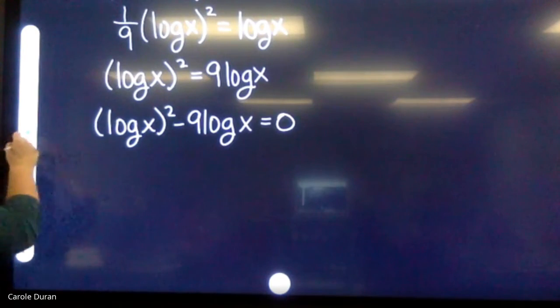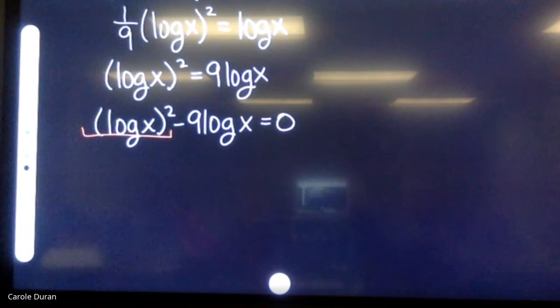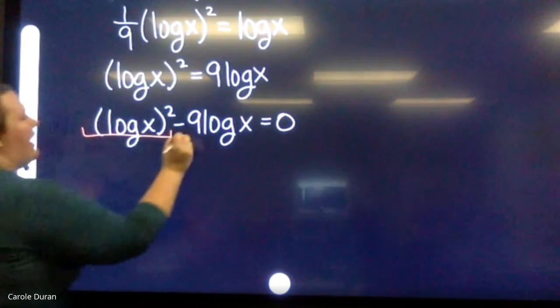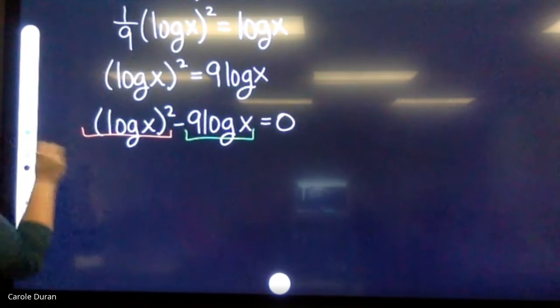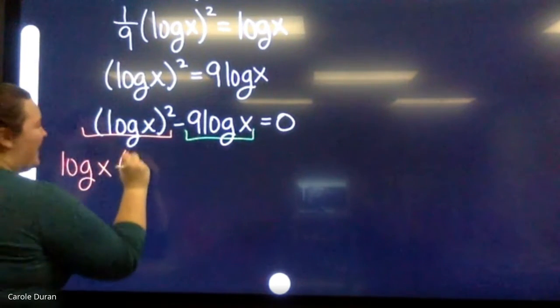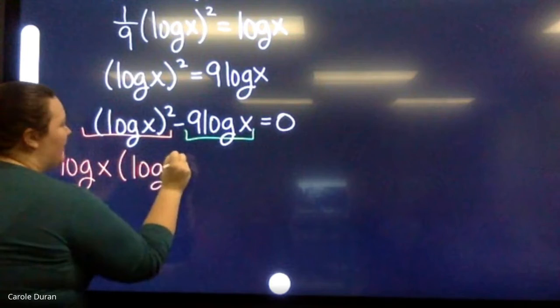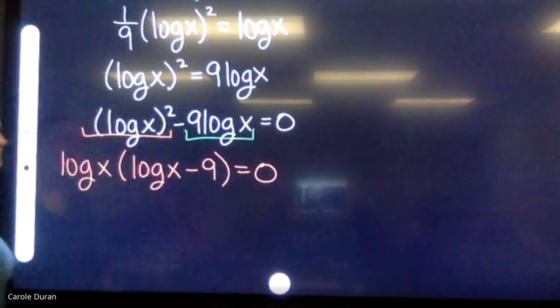Here I have two terms. I have log of x squared, which is the same thing as log of x times log of x, and then I have negative 9 log of x. What do they both have in common? Log of x. So I'm going to take that out and put it out front. I'm left with log of x times the quantity log of x minus 9 equals 0.